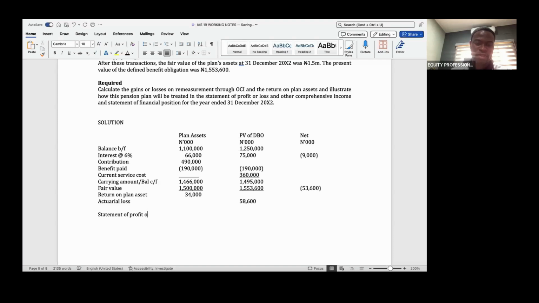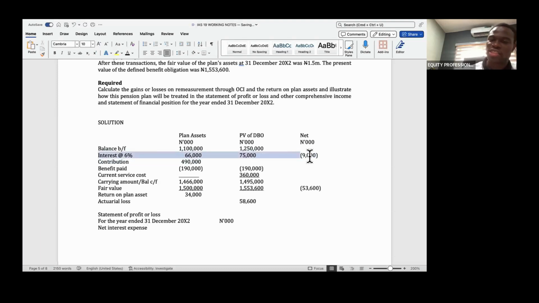So my statement of profit or loss for the year ended 31st December 20S2. What goes to P&L? Number one is my net interest. In this case, it's a net interest expense, because when you look at this interest expense here, the obligation was higher than the asset.